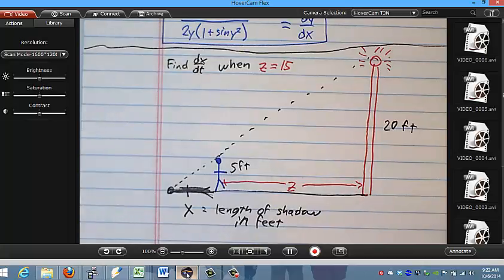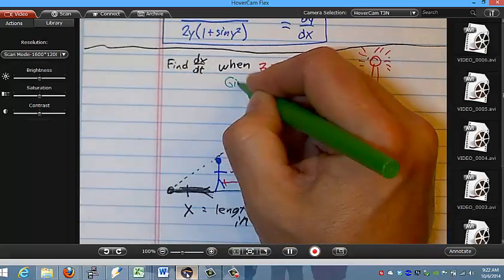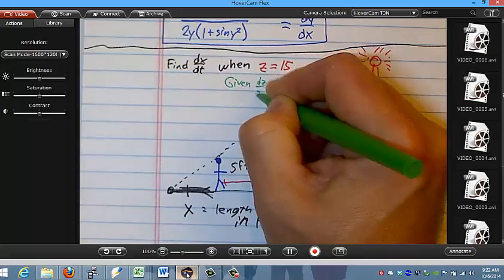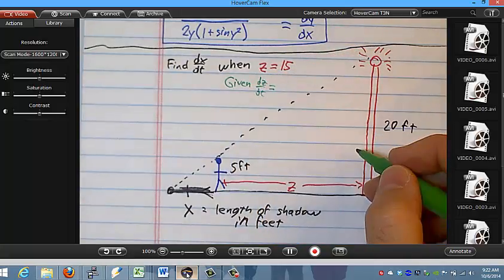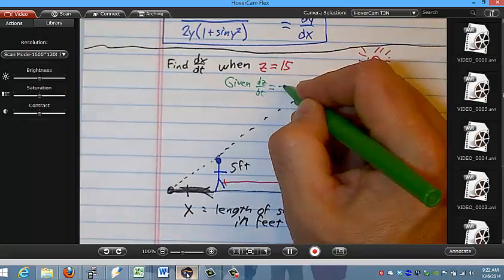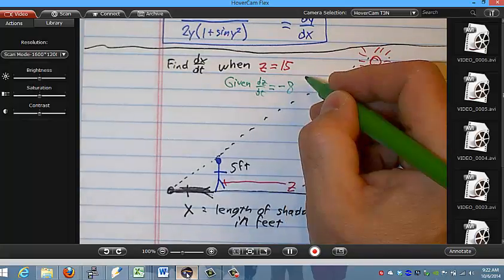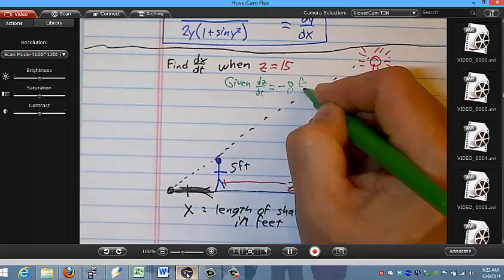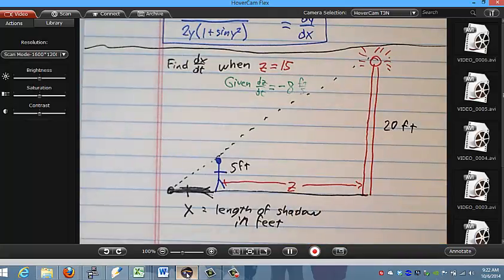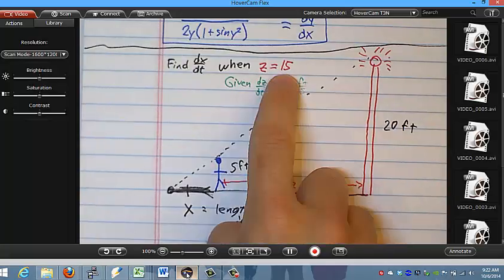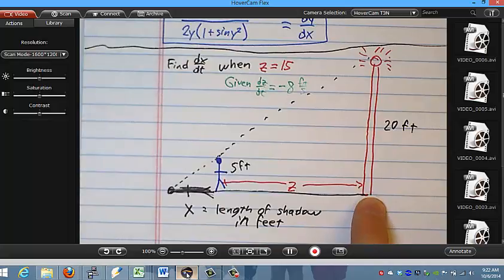So I might say dz dt, we are given that dz dt is equal to, they said 8. Why don't I say negative 8? Do you understand why I would do that? Why would I say negative 8 feet per second? Well, because z is getting smaller. 8 feet per second smaller. Are you guys with me? So actually, if she's only 15 feet away, less than 2 seconds from now, that shadow's gone. Right? It'll take her less than 2 seconds to cover the 15 feet if she's going 8 feet per second.